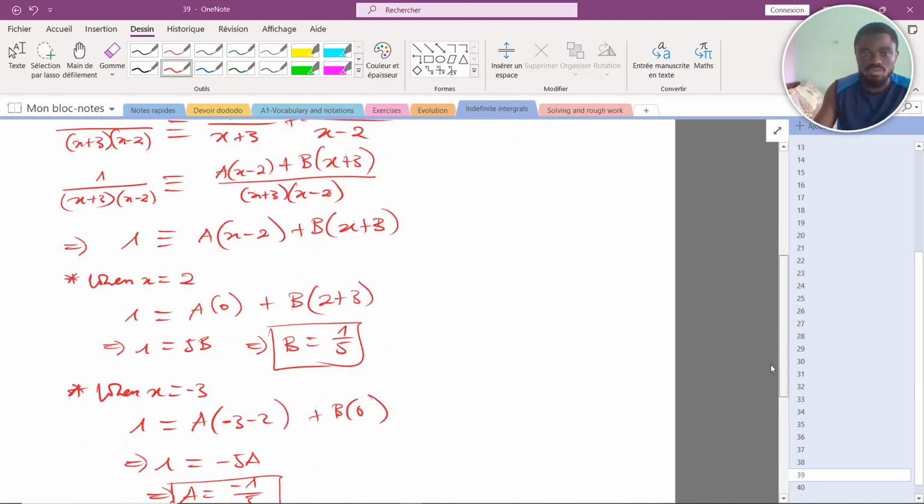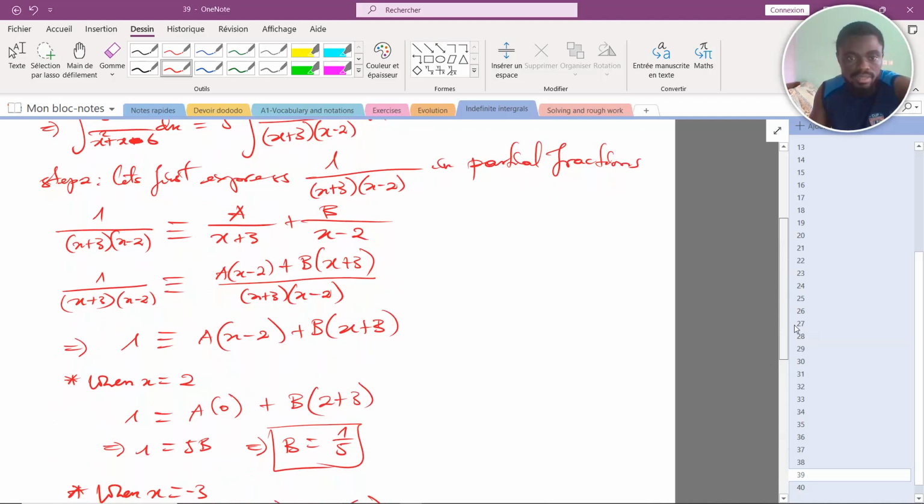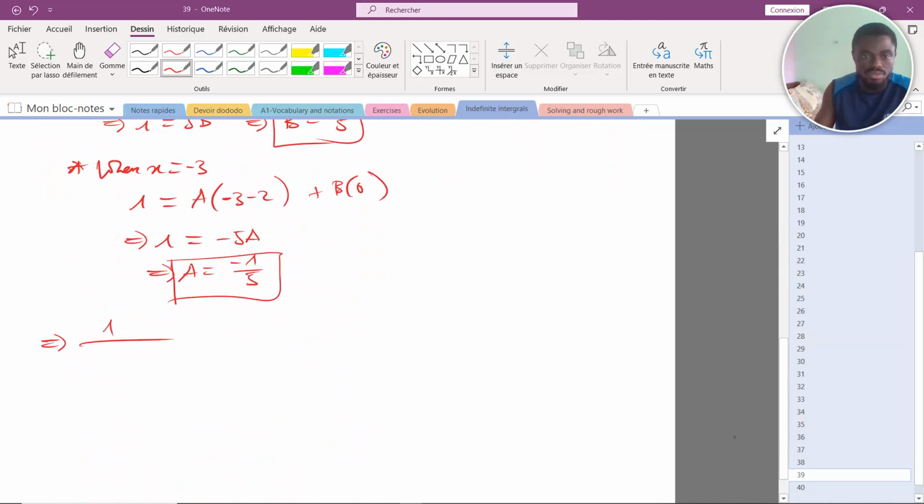So this will be equals to, the A was under x plus 3. So 1 on x plus 3 into x minus 2 will be equals to what? Minus 1 on 5 all over x plus 3 plus what? Plus B was 1 on 5, 1 on 5 all over what?